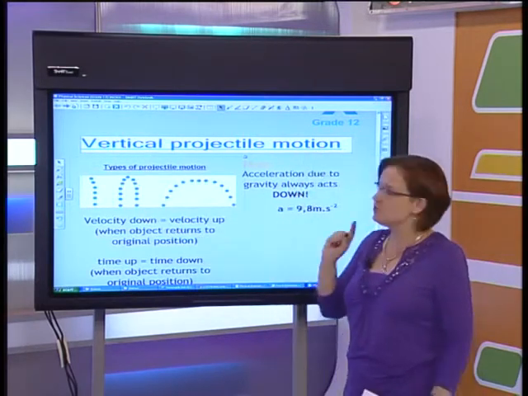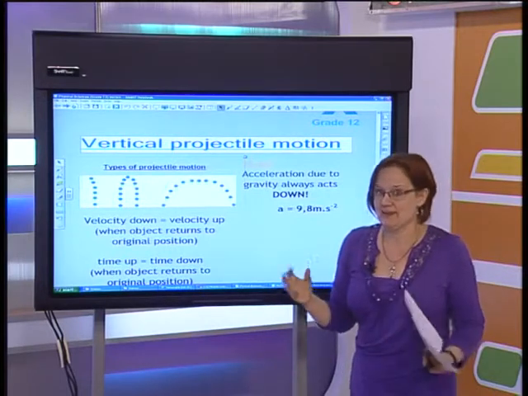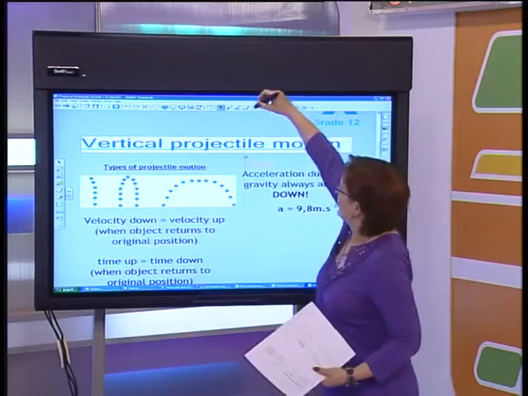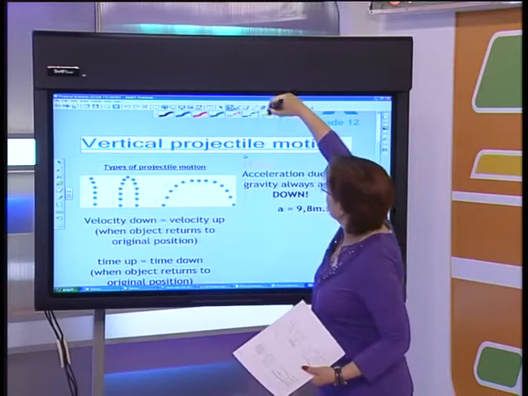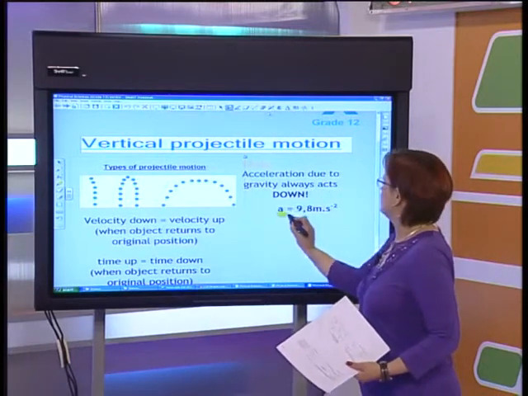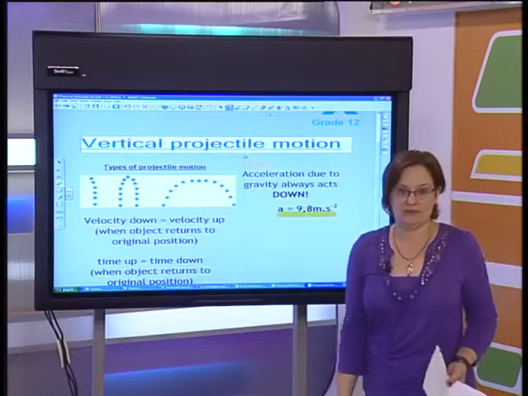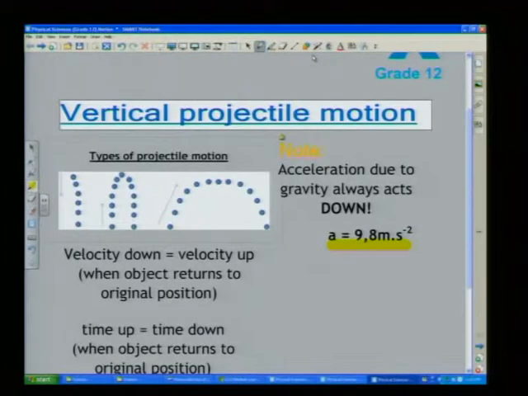What we need to remember, and I think this is the thing we forget, is that gravity, as we remember from grade 10, is 9.8 meters per second squared. Please remember that gravity always acts down. The best way to remember that is: if you jump up, which way do you go?